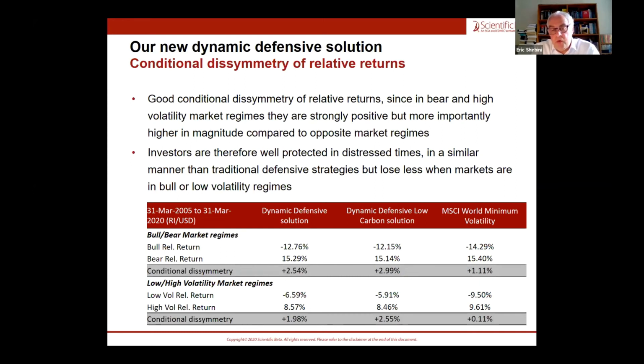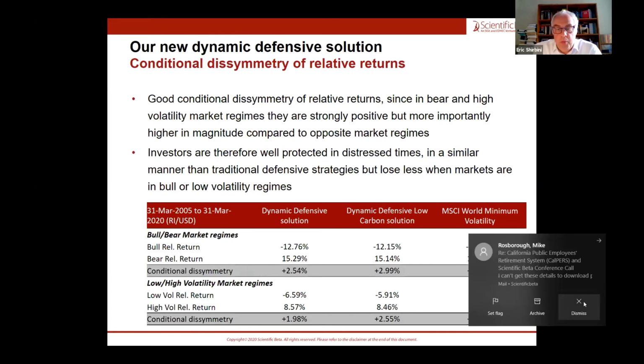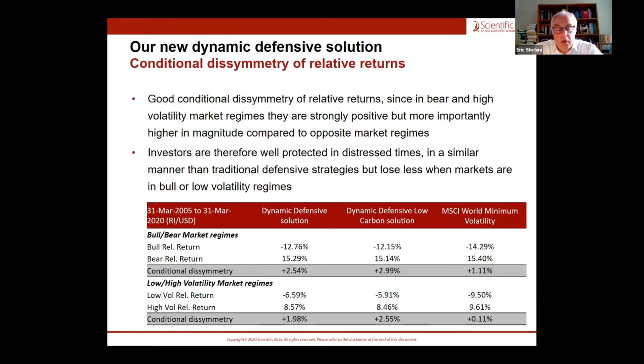So this filter really has helped us reduce some of the losses in terms of relative returns during a bull market. And then if we look at it in high vol and in low vol regimes, what we observe again is that during periods of low volatility, defensive strategies tend to underperform because you tend to have positive returns.